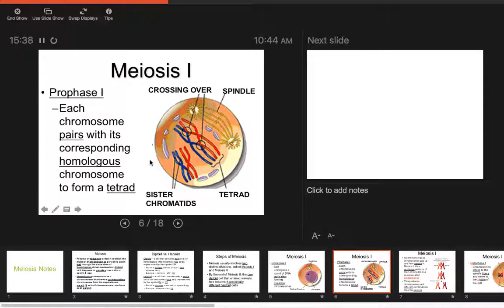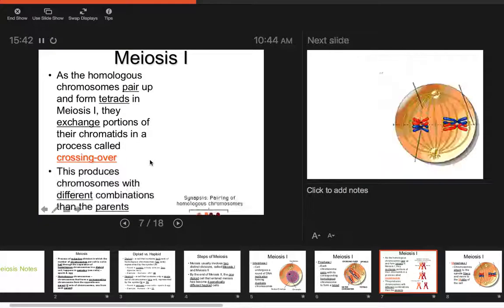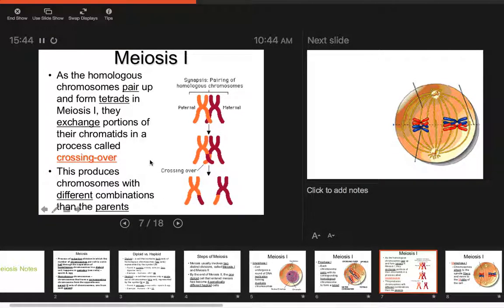So look at this next page right here. Here's your daddy chromosome, and it's all orange. Here's your mommy chromosome, and it's all purplish. So they cross over, and now you have orange with a little bit of purple, and purple with a little bit of orange. Then that's going to separate.